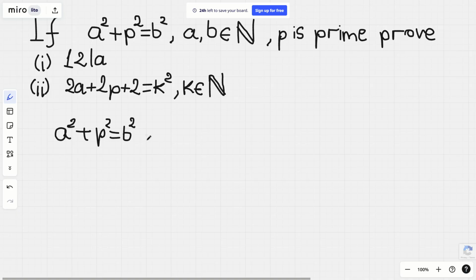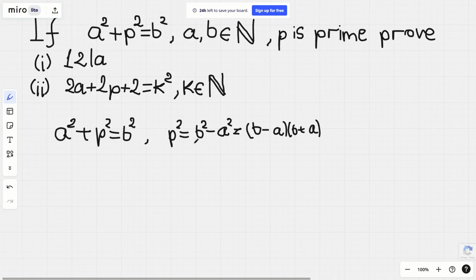and here we can rewrite this as p squared equals b squared minus a squared, and this equals b minus a times b plus a.